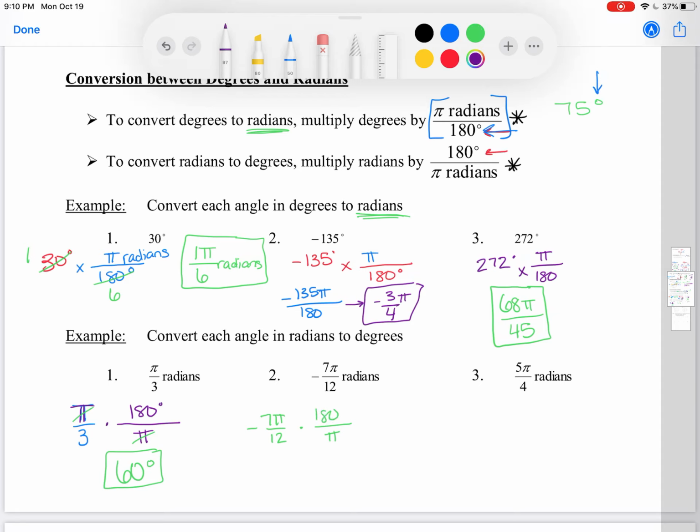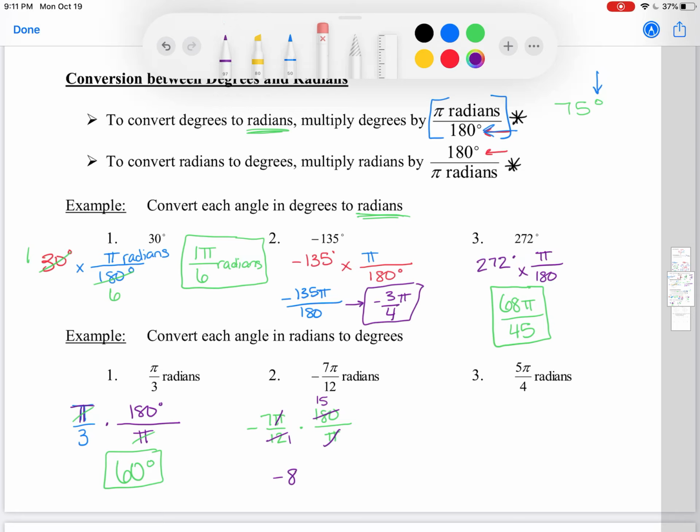Continue with question 2. You have negative 7 pi over 12. You're looking to cancel the pi again, so that needs to go in the denominator, and 180 goes in the numerator. Your pi's cancel. Let's see, 12 goes into 180. I believe it goes in nicely.